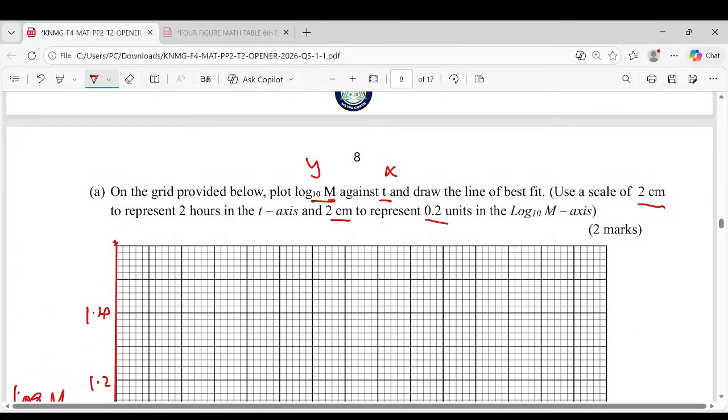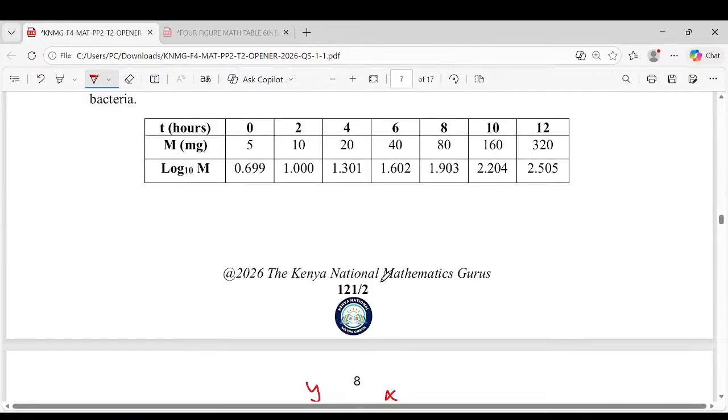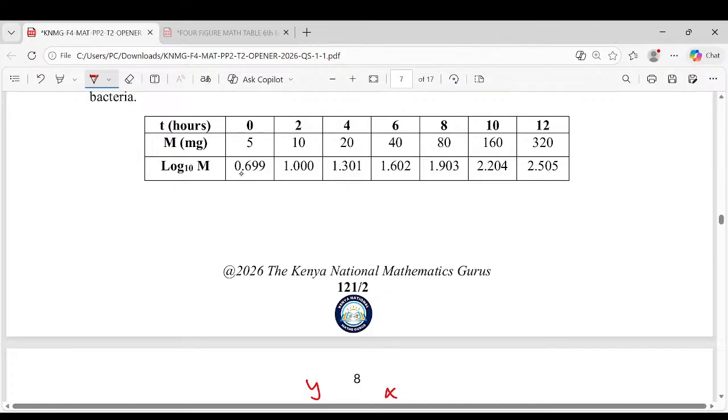To have this right, I'm going to round my values. Let me show you how we are going to do the rounding of these values, ladies and gentlemen. Look at it well. I can have 0.6, 1.3.